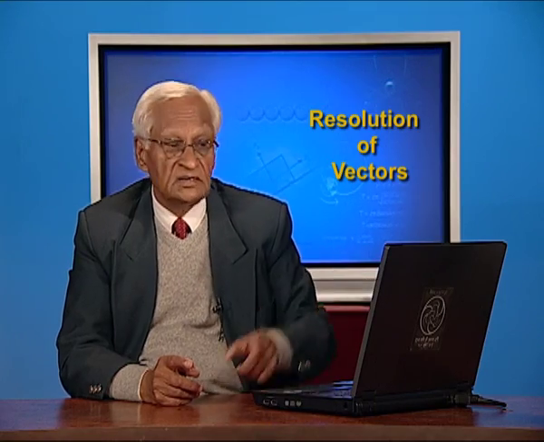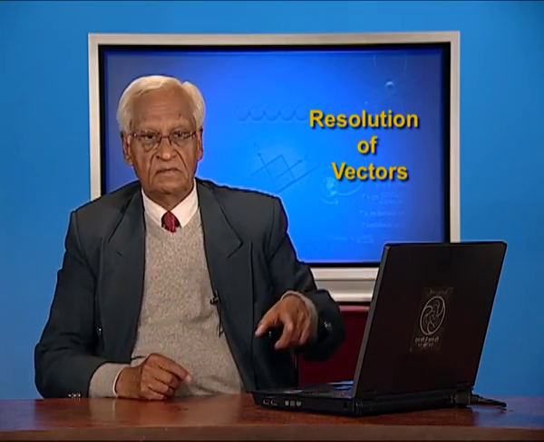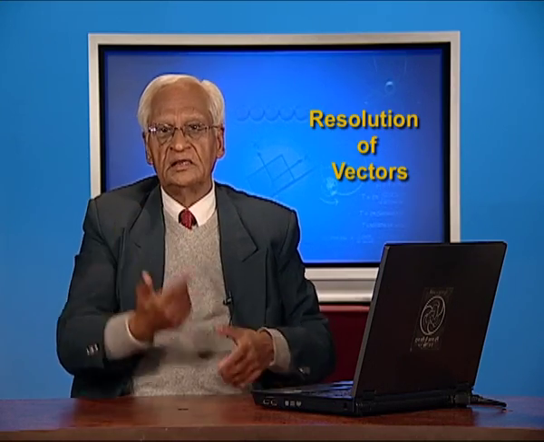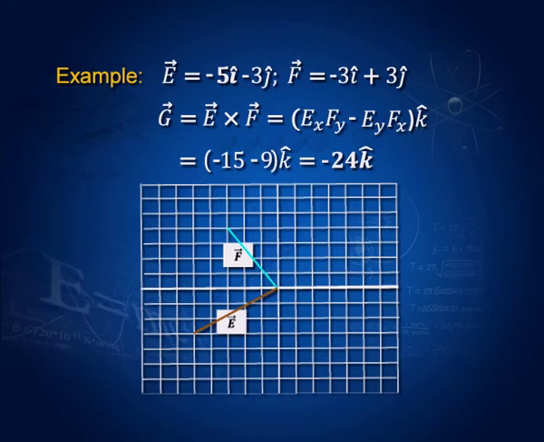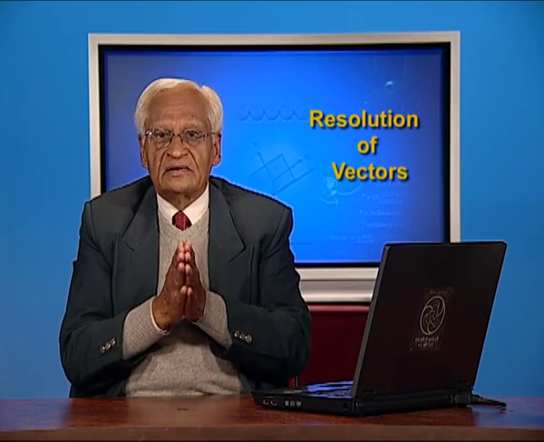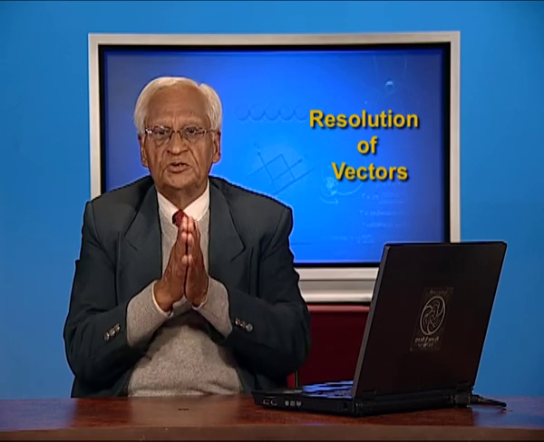That means now it is in the minus z direction, and you can work out by the right hand screw rule that I have told you already that E cross F would be in the minus z direction. So, the point is that the cross product is such a useful quantity.